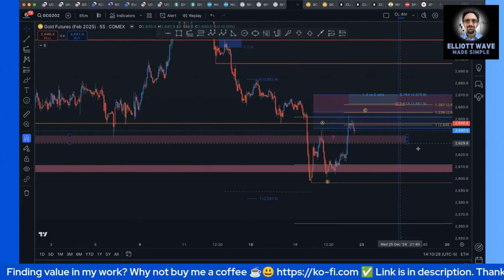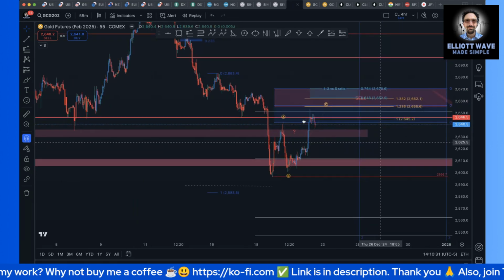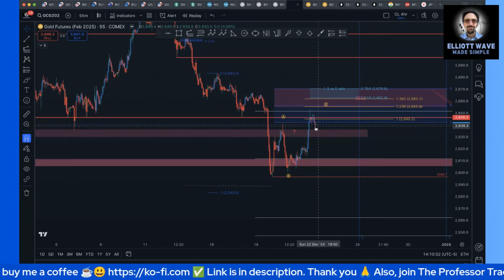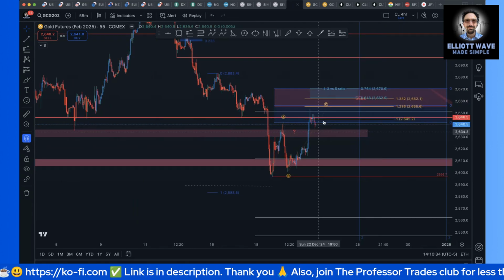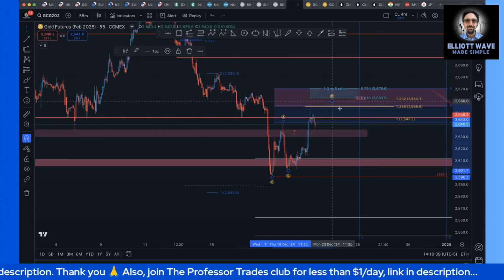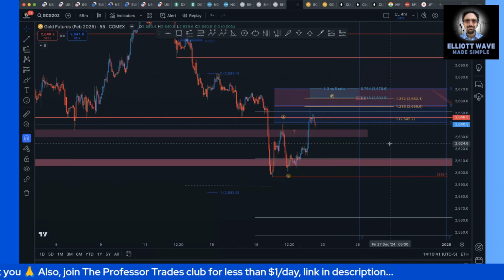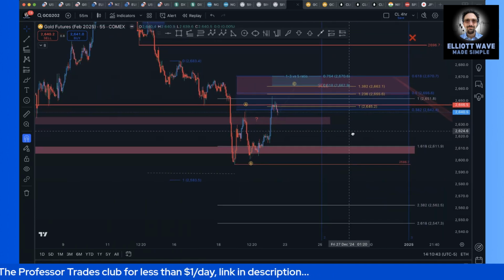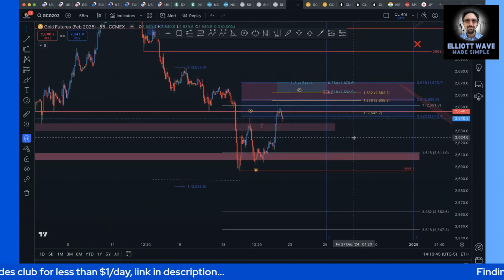So wouldn't it be poetic if price comes down and back tests this zone again and then gives you a 5 wave C wave before it rolls over and dies, basically.